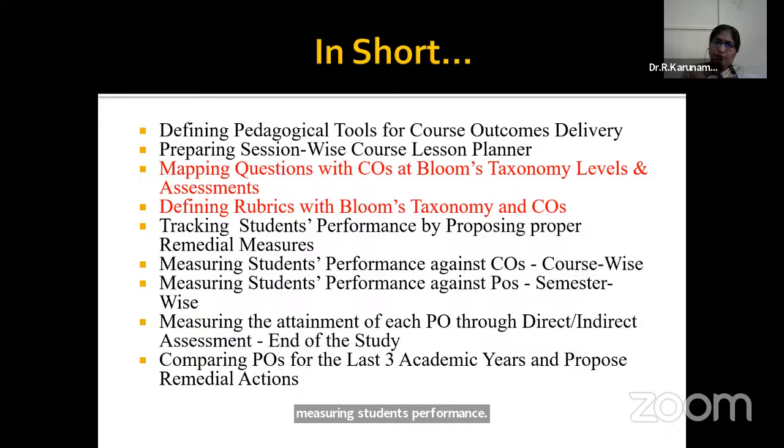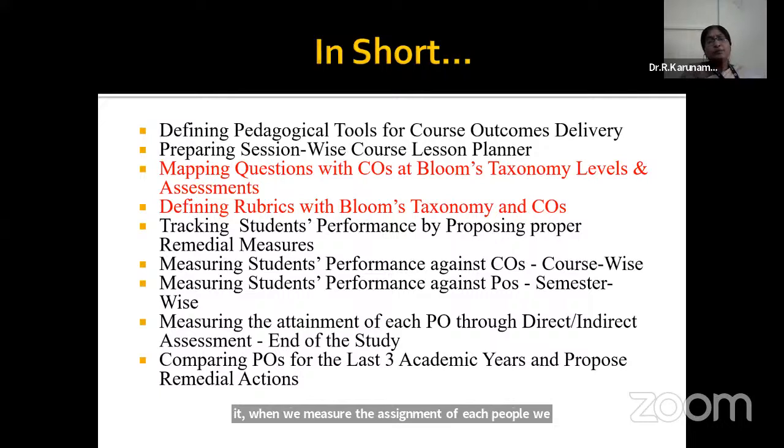Measuring students' performance against POs is done semester-wise. When we measure the attainment of each PO, we apply direct or indirect assessment, and it is done at the end of the study.